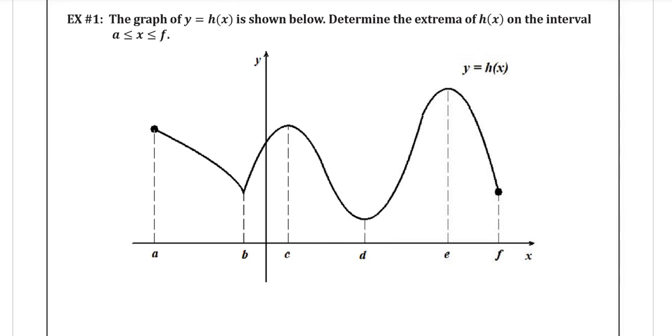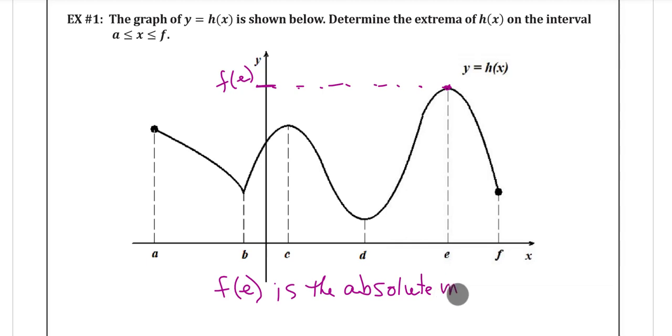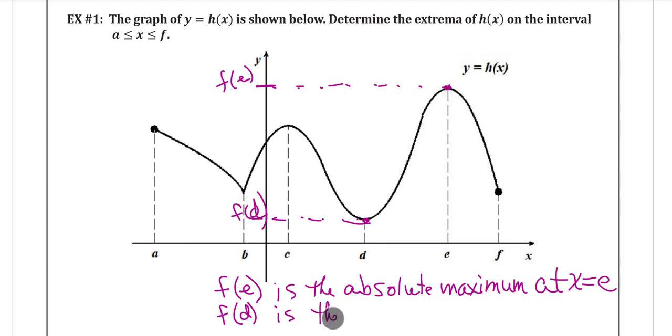So first, our global max occurs here at point E. Right here, that's our f of E, and that's going to be our absolute maximum at x equals E. And then we also have an absolute minimum here at D. So here is f of D. So f of D is the absolute minimum, and that occurs at x equals D.